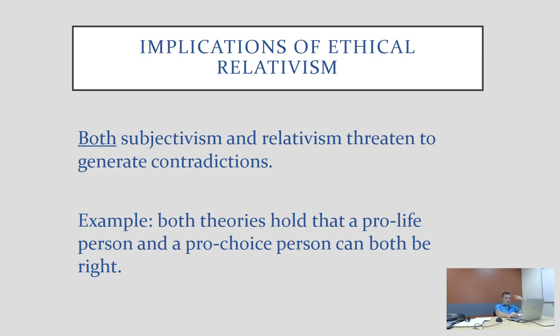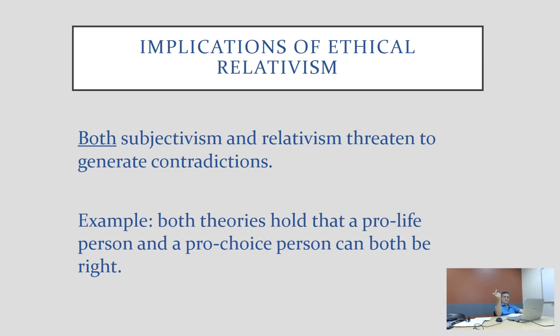There are other ones. So what typically happens is that the relativists will make the move to expressivism and say things like, oh, okay, when you say that you're a pro-life person, you're saying that abortion is immoral. What you're actually saying is that you disapprove of abortion.